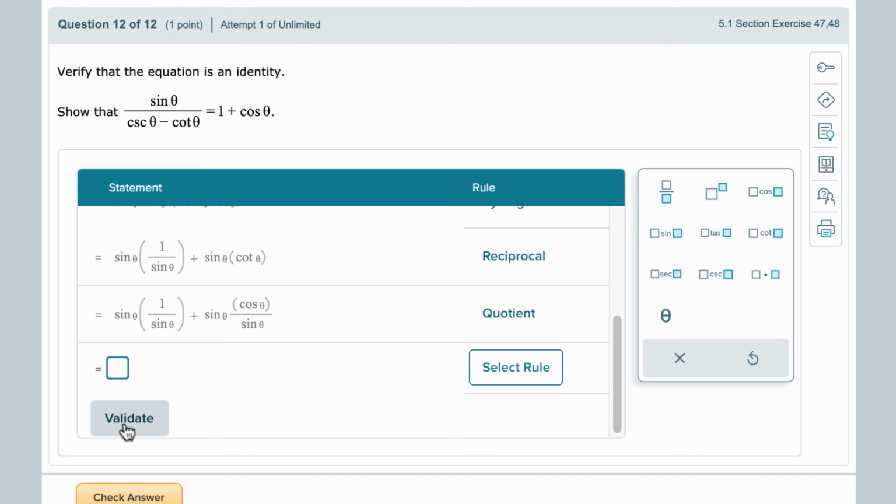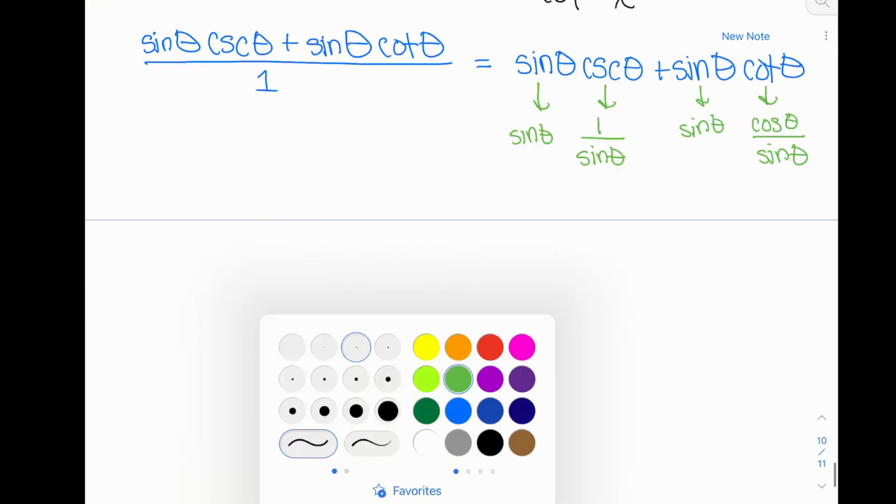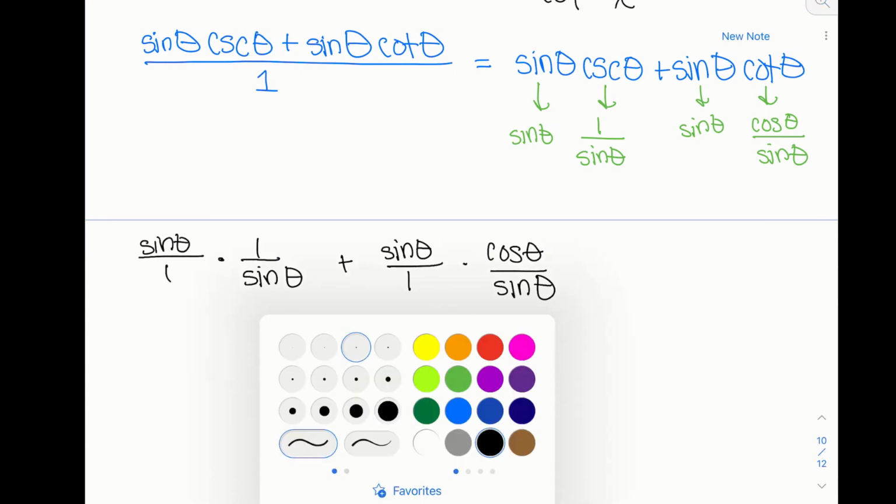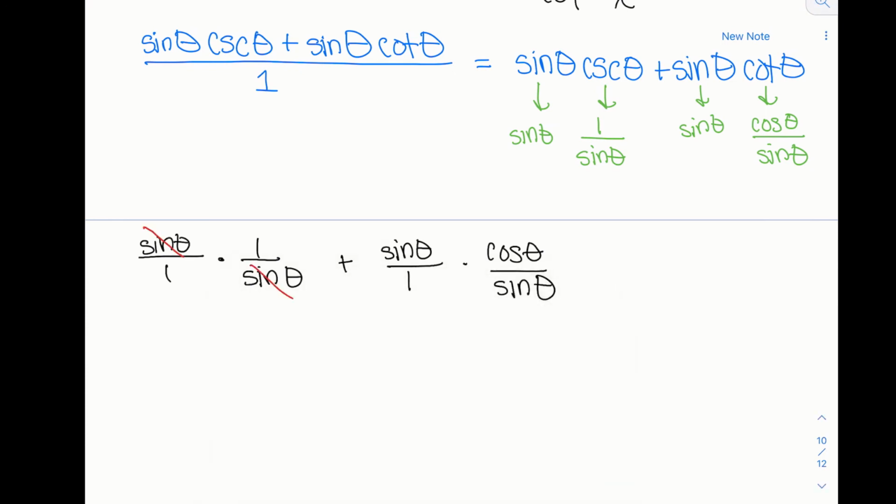And so let me go back to writing things down. If we have sine of theta, we could write that as over 1 times 1 over sine theta plus sine theta over 1 times cosine theta over sine theta, and we do have some cancellations here. So sine over sine cancels, so that first one's a 1 plus, and then we have another sine over sine cancel. So that's cosine of theta.